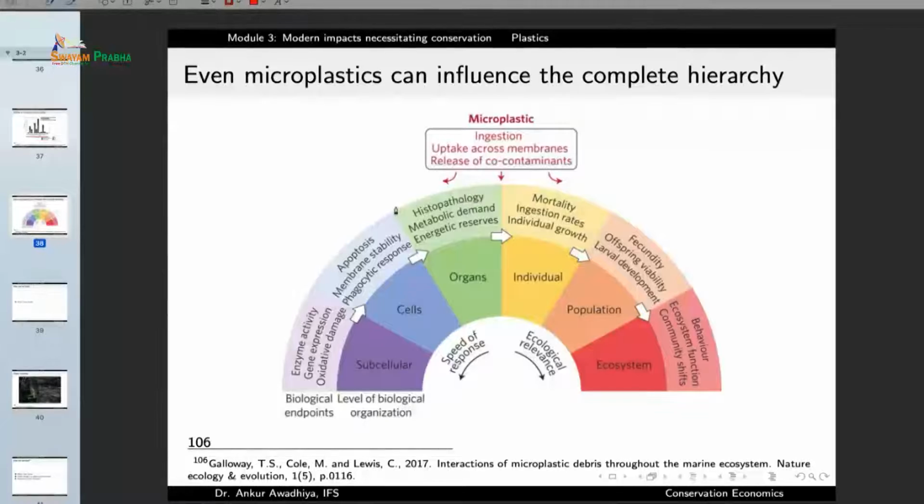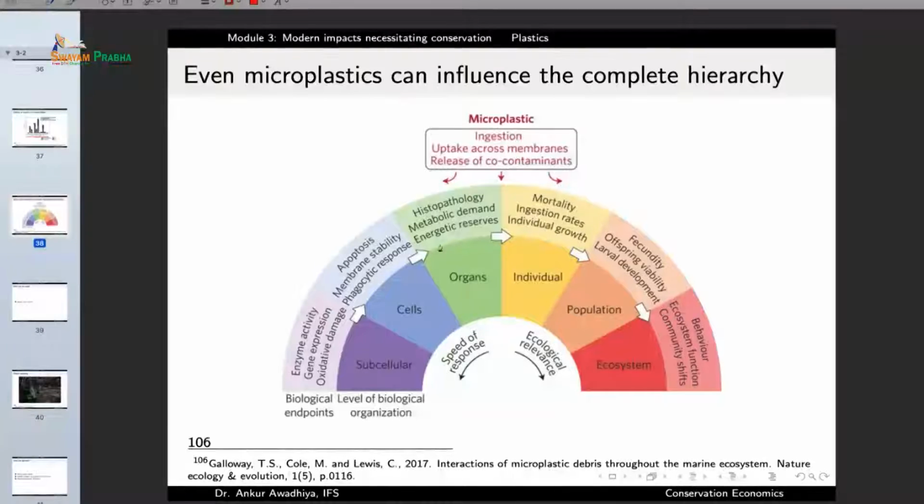Because in the organs, when plastics and especially microplastics get accumulated, then the energetic reserves are depleted. At the level of individual, they may result in mortality, especially if an organism eats too much of these plastics and they impact a vital organ, or they can impact the ingestion rates or the growth of the individual.